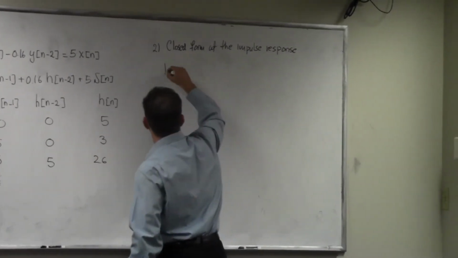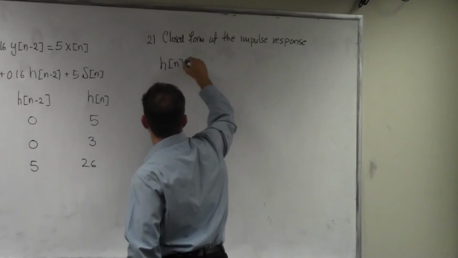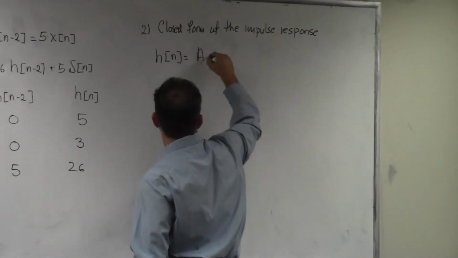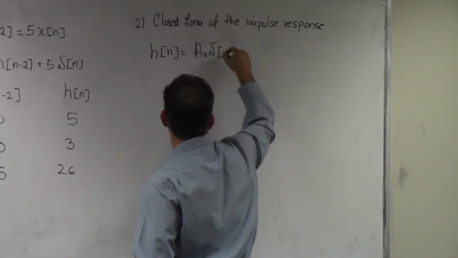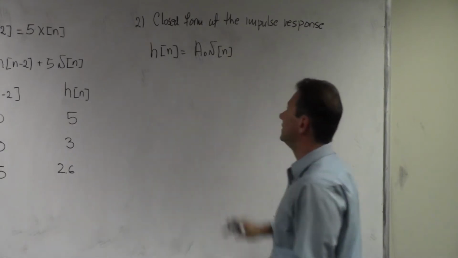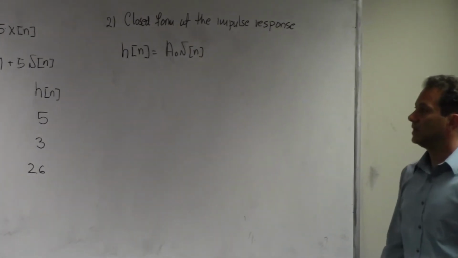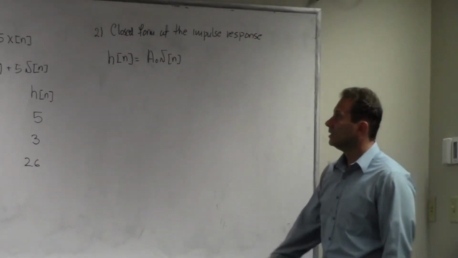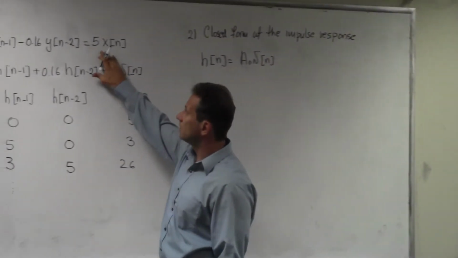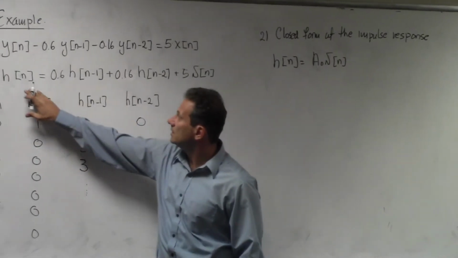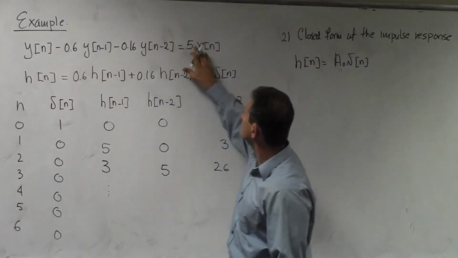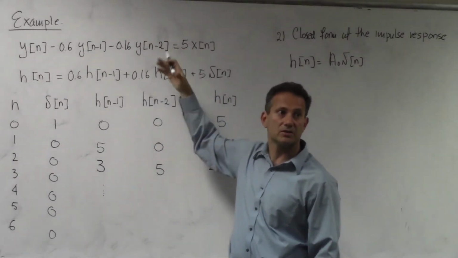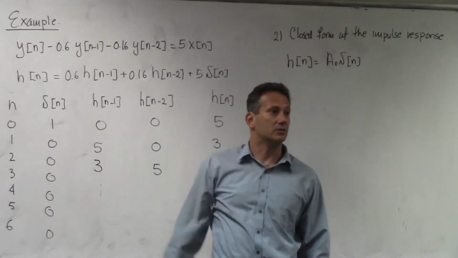Here's what we know about the impulse response. It may or may not have a delta pulse in it, depending on whether there's a direct coupling between your input and the output. Here was an example where there was a direct coupling. You can see that y[n] is some function of x[n], so x[n] leads directly to the output.